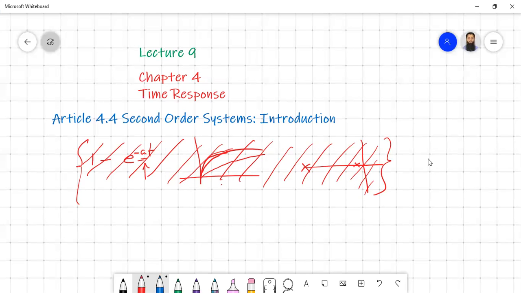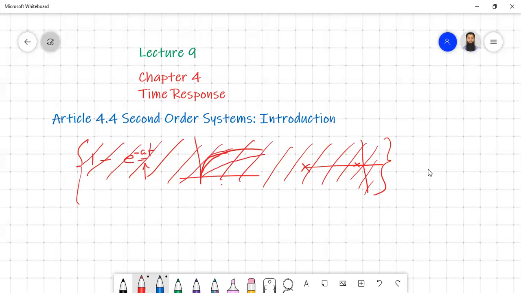In the first article, article 4.4, second order system introduction, we're going to see the numerical values and how they are related to our system response. Then in the next article, article 4.5, we'll formally find the corresponding equations related to the second order system. So let us now begin with the second order system.